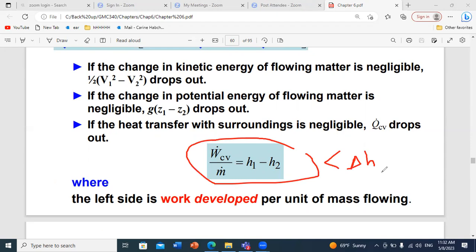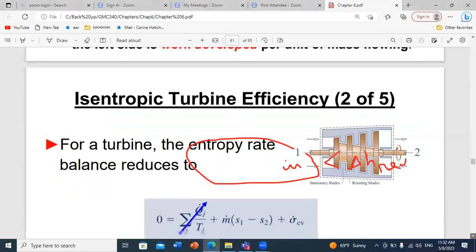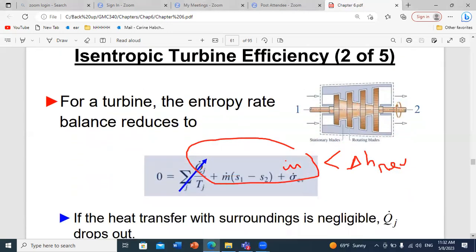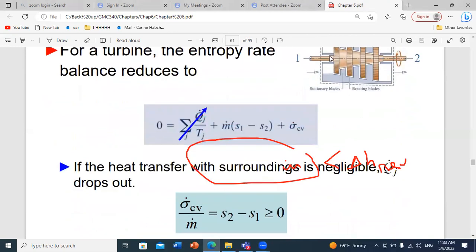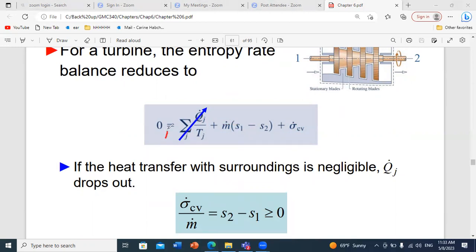Why? To do the analysis of why delta h irreversible is smaller than delta h reversible, let us write the second law of thermodynamics. If we consider the entropy rate balance for my turbine, first, it's a steady state, so ds by dt is 0.